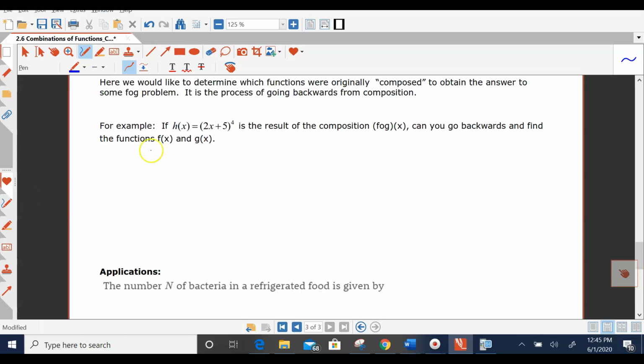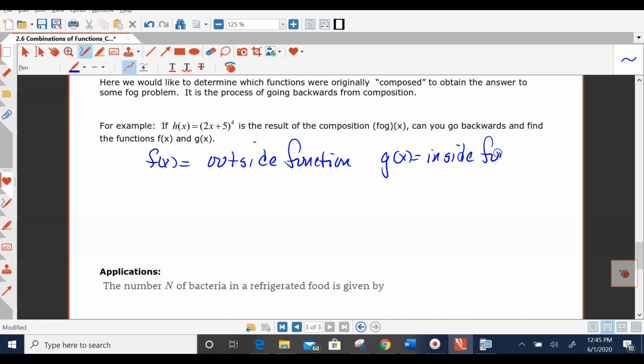We're going to always assume that f of x is the outside function and g of x is the inside function. And we want to break this down into what f of x is equal to and what g of x is equal to.